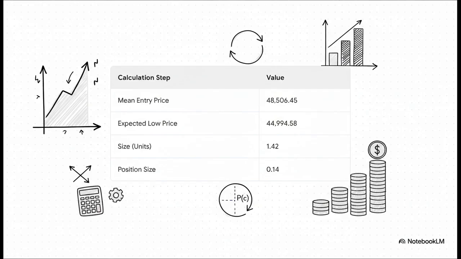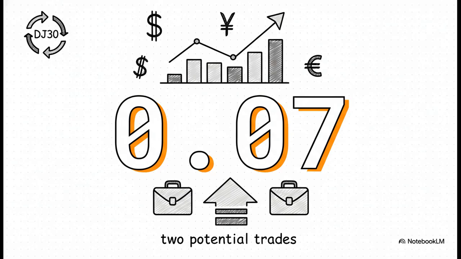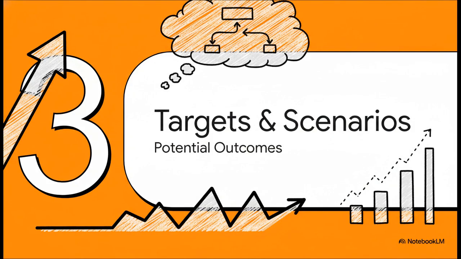From there, it defines an expected low price. All of that crunches down to a size of 1.42 units, which then gives us a total position size of 0.14. And after all that math, it comes down to one number: the risk plan specifies a size of 0.07 for each of the two potential trades. Simple as that.